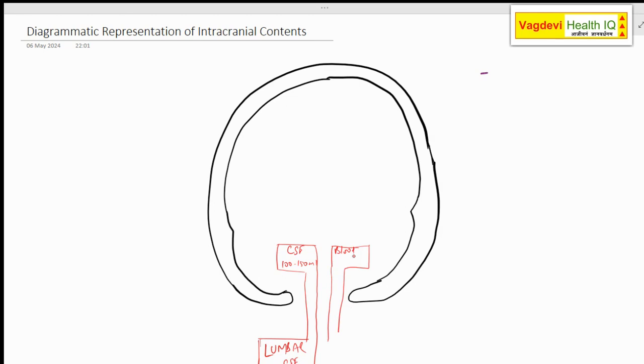There is blood, 100 to 150 ml. I'll indicate it, don't worry. ECF, extracellular fluid, 100 to 150 ml.